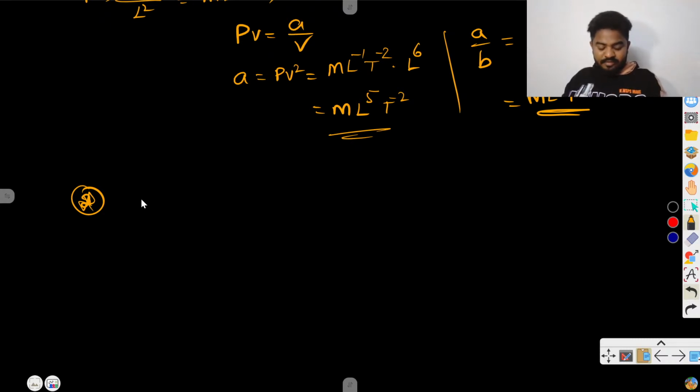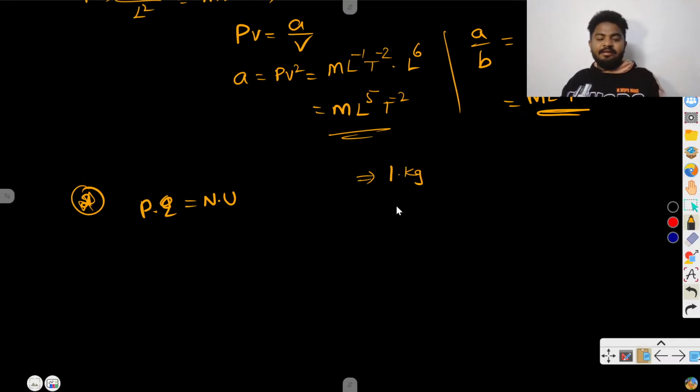For example, if you have conversion of units in the sense of a physical quantity. A physical quantity is always indicated with the numerical into its unit. For example, if you go to the shop, you'll ask for 1 kg. 1 in the sense numerical, kg is the unit.